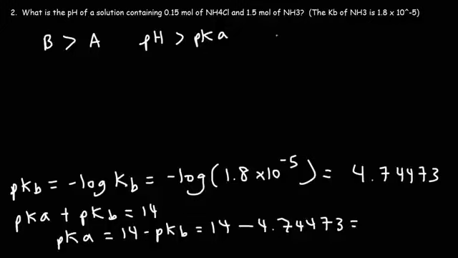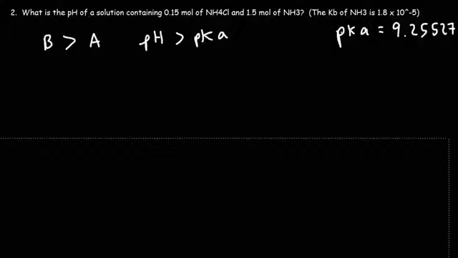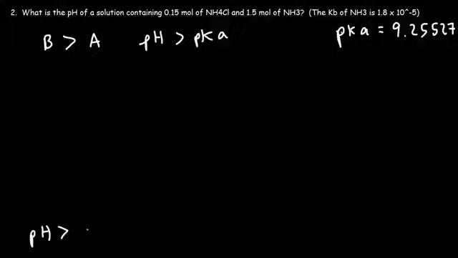That gives us a pKa value of 9.25527. So since we have more base than acid, we know that the pH of the solution has to be greater than the pKa. It has to be greater than 9.25527. Let's round that to 9.255.